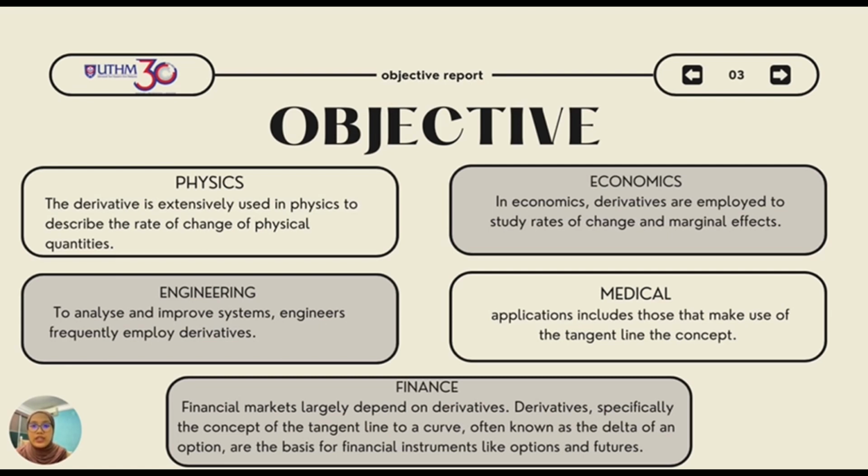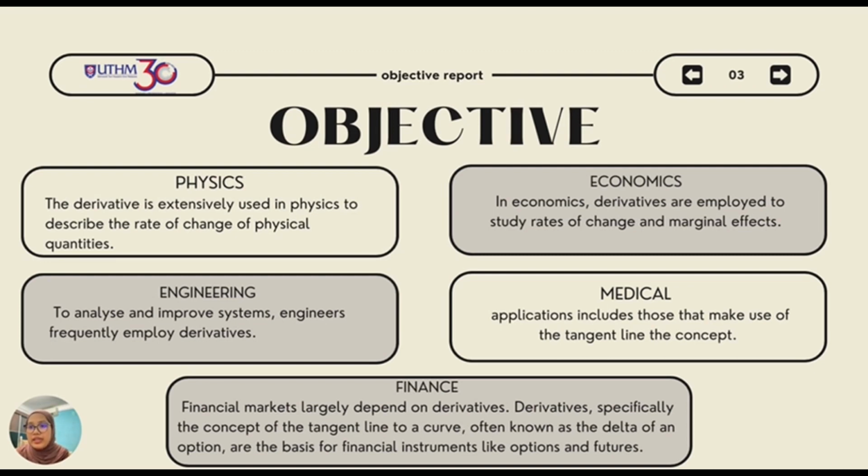First, in physics, the derivative is extensively used to describe the rate of change of physical quantities. In economics, derivatives are employed to study rate of change and marginal effect. In engineering, engineers frequently employ the derivative.